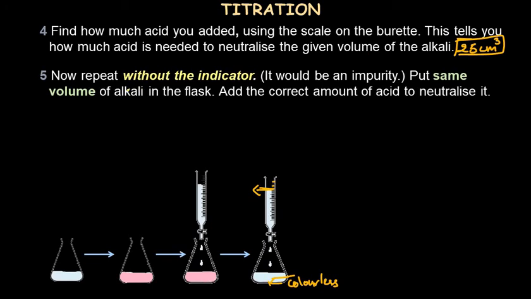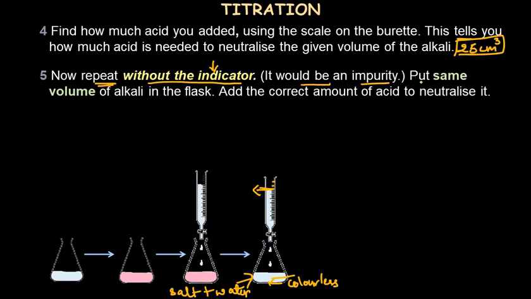The next step is to repeat the whole process without the indicator. The reason is that we don't want an impurity like an indicator in our solution, because the solution we get in the conical flask is exactly the salt and water mixture. If indicator is present, it will be an impurity.